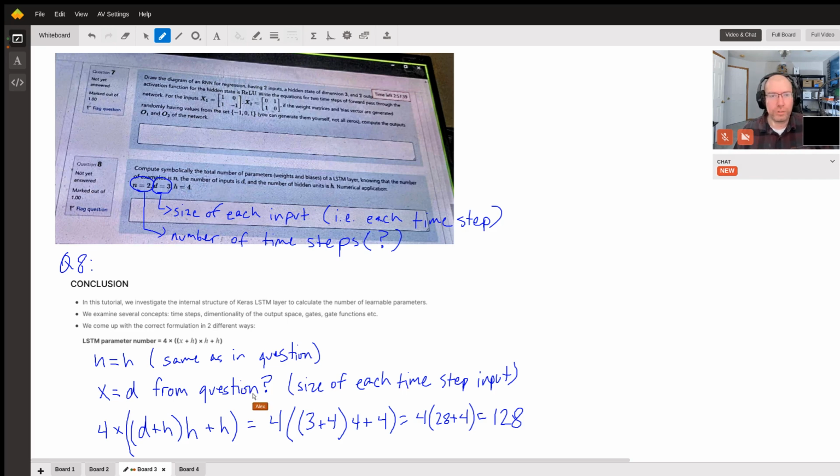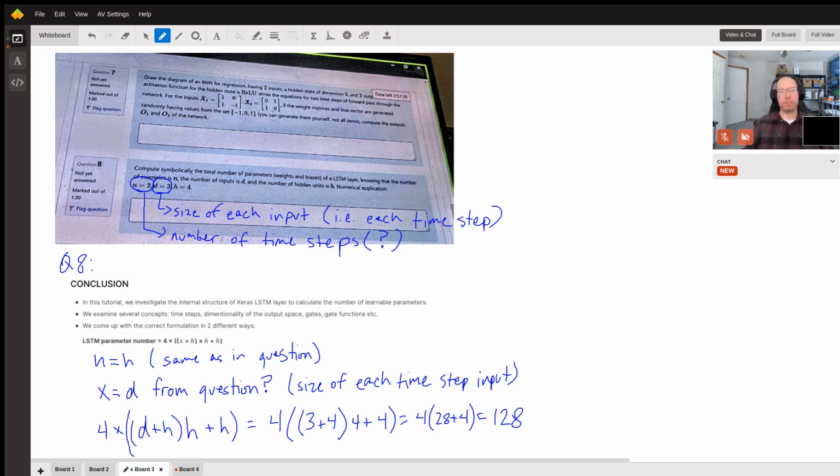Okay, so the diagram of an RNN for regression having 2 inputs, hidden states of dimension 3 and 2 outputs. Boy, this is all right.